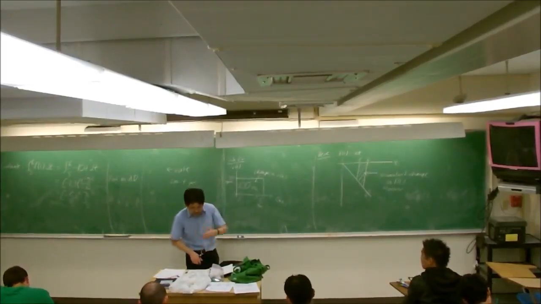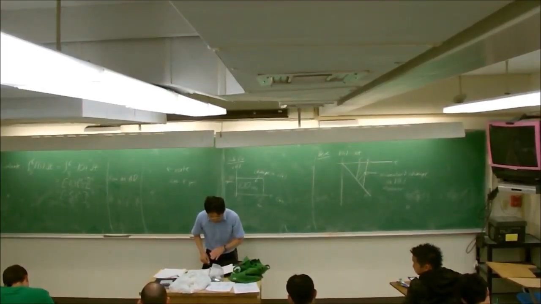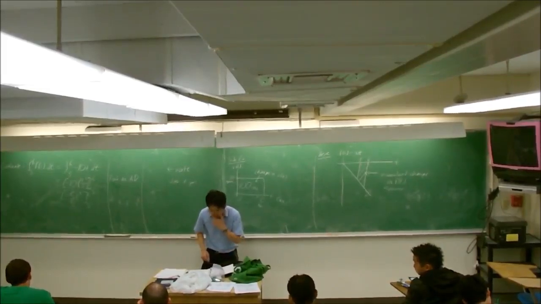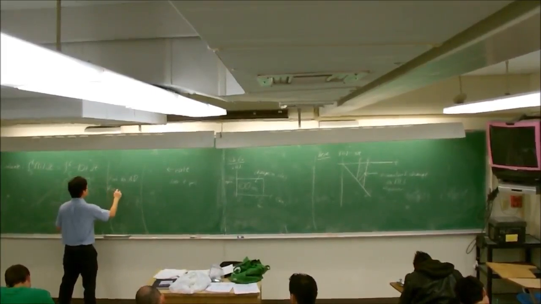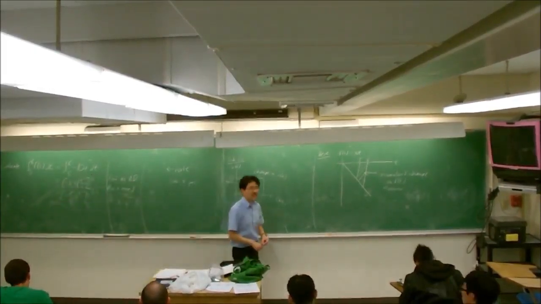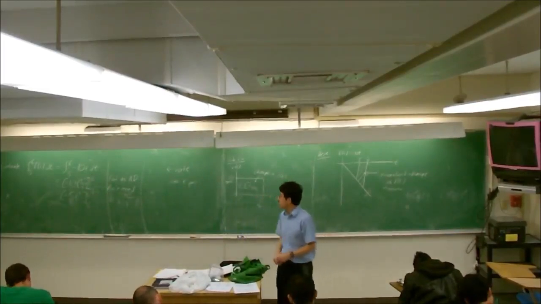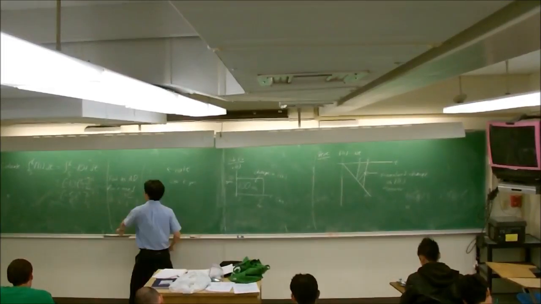You don't need the plus c, because whatever c is going to end up being will cancel out anyway. All right, that's my number 3 comment. And my number 2 comment.